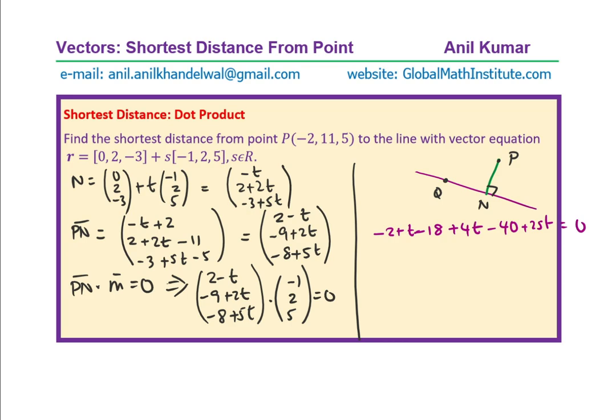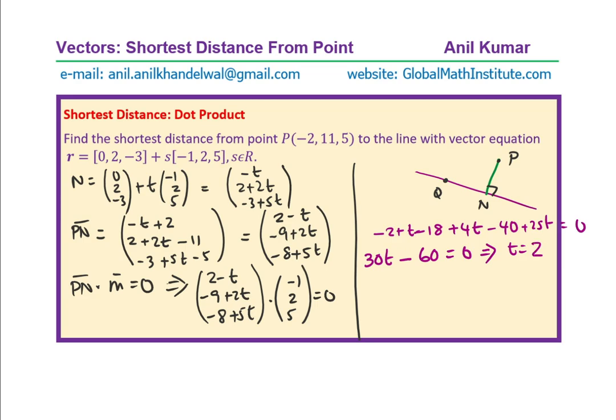So let's combine these terms. As far as t is concerned, we have 25t plus 4t, which is 29, plus 1, 30t, minus 2 and 18 is 20, and 40 is 60. So that gives us the value of t, right? So t equals 2.